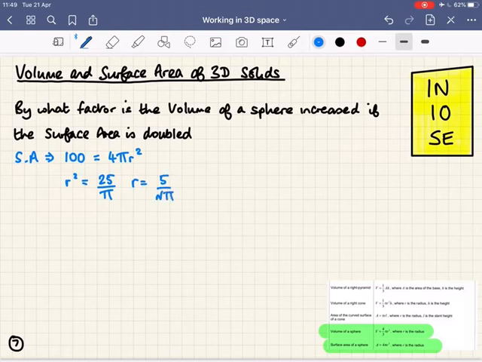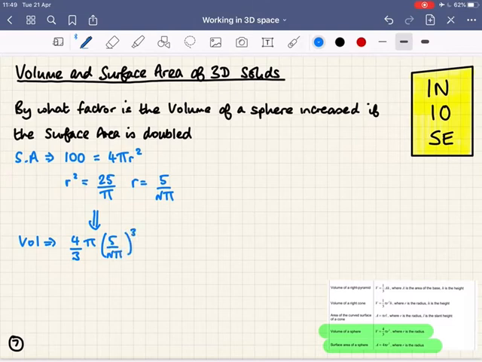And then if I doubled it, well, let's go on and say if the radius was 5 over root pi, let's work out what the volume would have been of that sphere. Using the formula for the volume, it would have been 4 over 3 pi times the radius cubed. So that's 5 over root pi cubed.